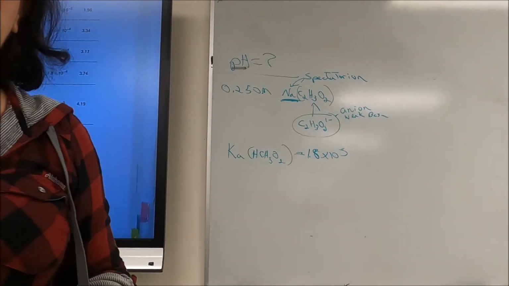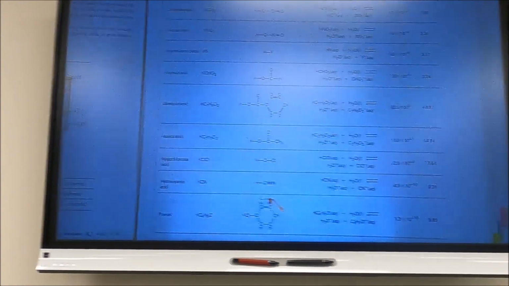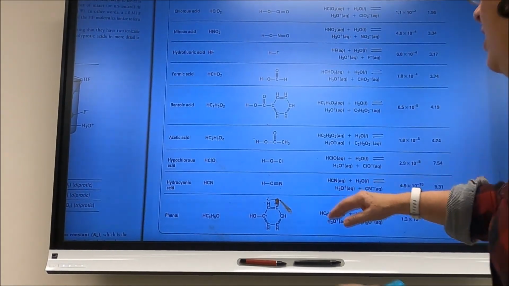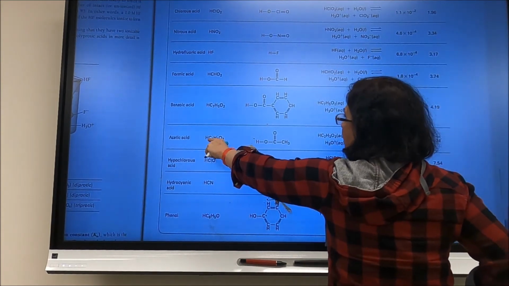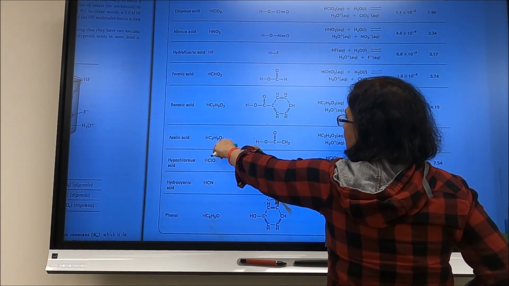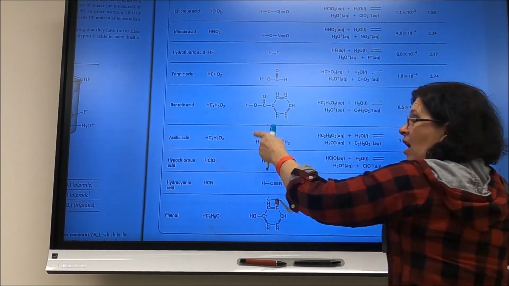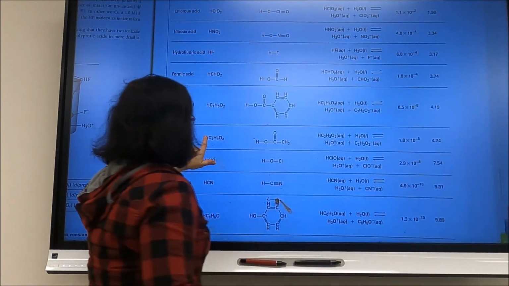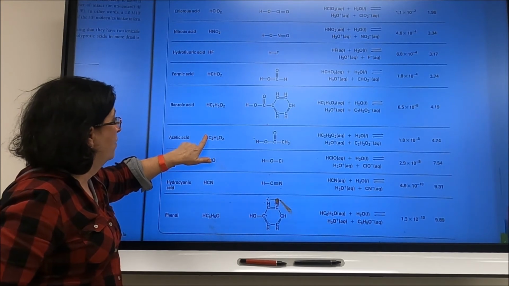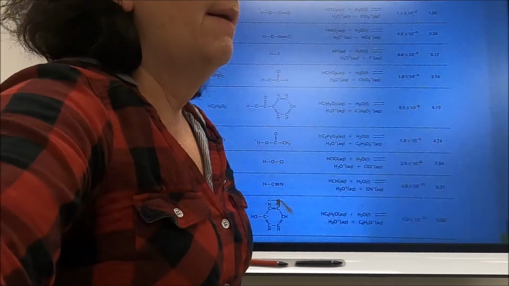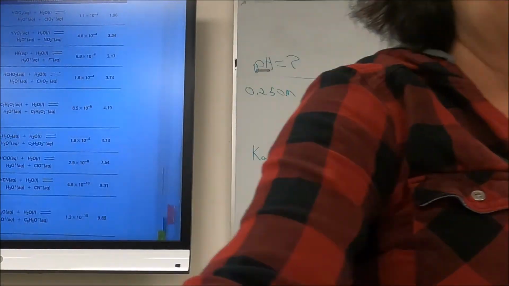So, let me show you. I'm sorry, guys, I keep forgetting I have to slide my camera. So there's the acetic acid, see the HC2H3O2? That's acetic acid. Its conjugate is the acetate ion. So if we took away the hydrogen there, and there's its Ka value. All right, so I've got the Ka there.